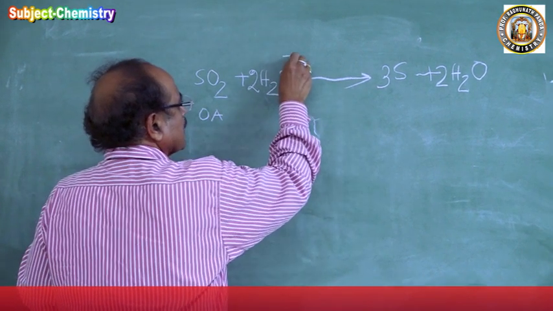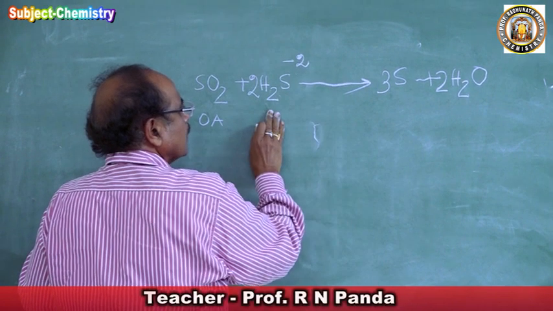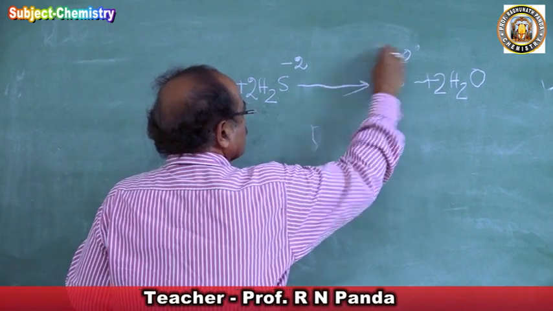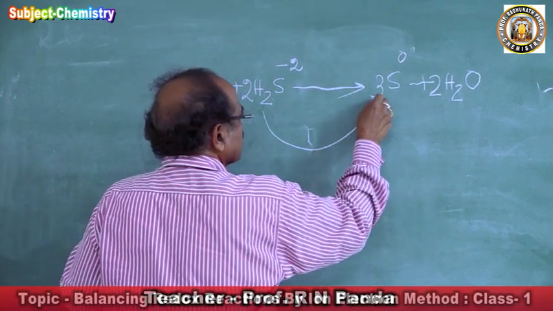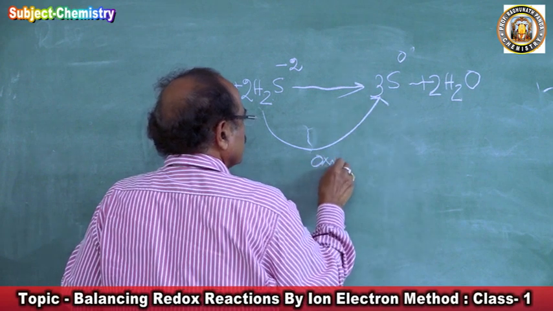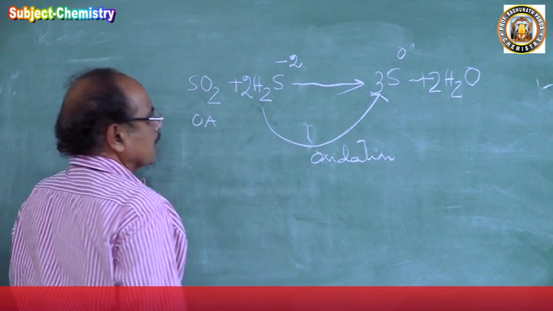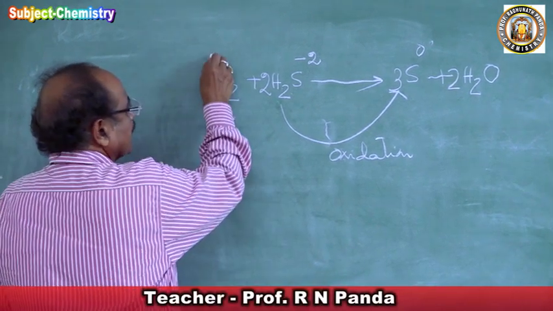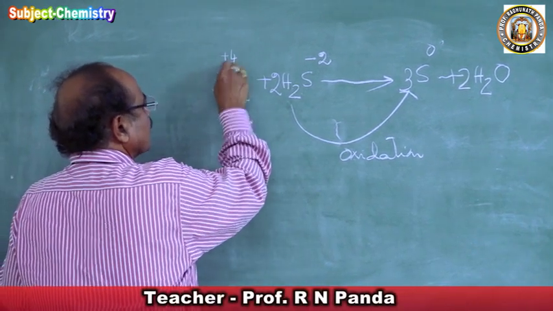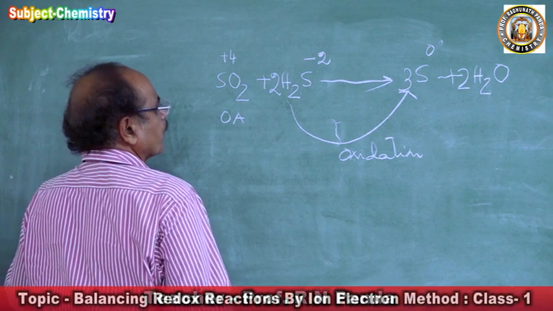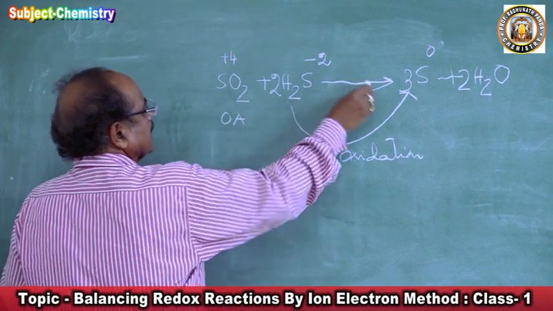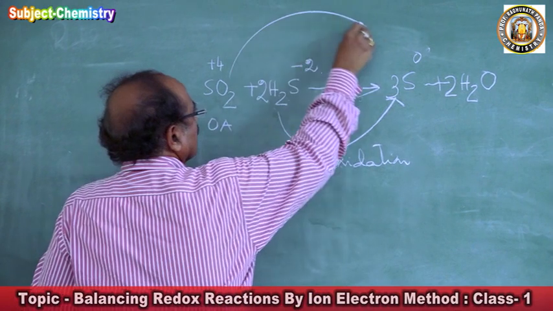Here the oxidation number of sulfur in H2S is -2 and in sulfur it is 0. So this reaction is oxidation. Then what is happening? In sulfur dioxide, the oxidation number of sulfur is +4 and it is becoming 0.